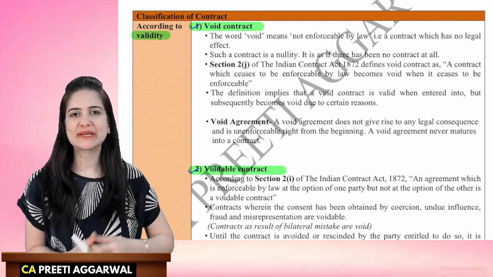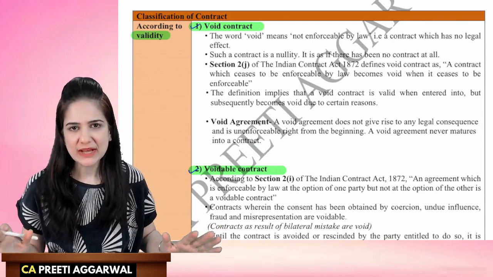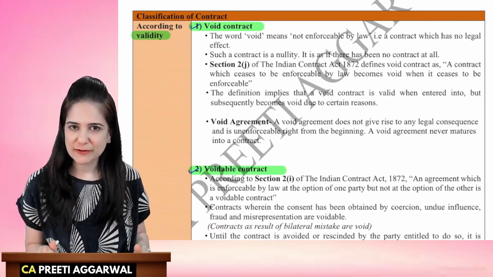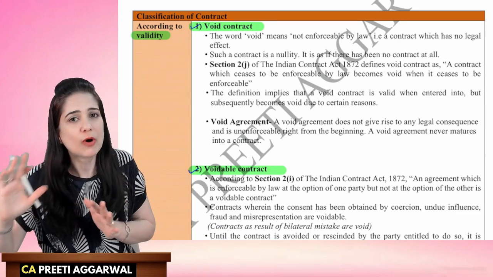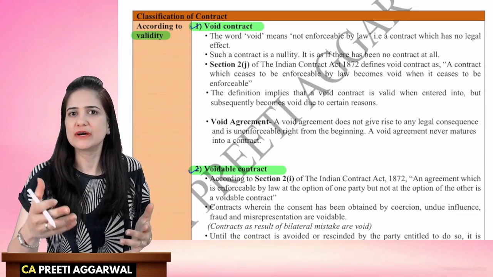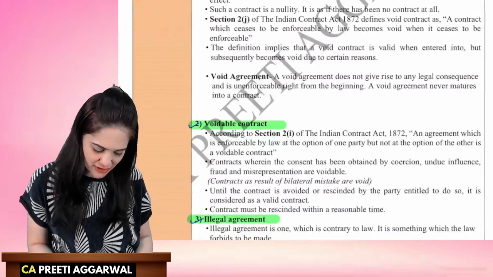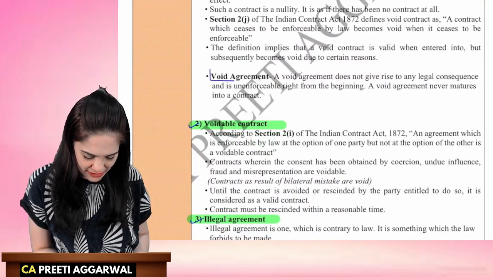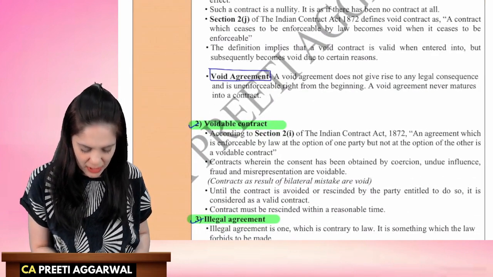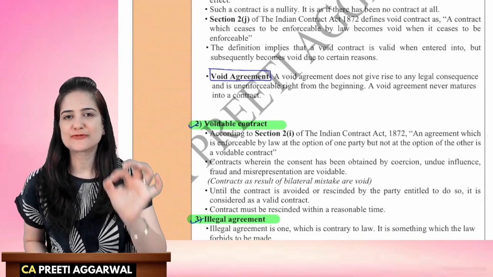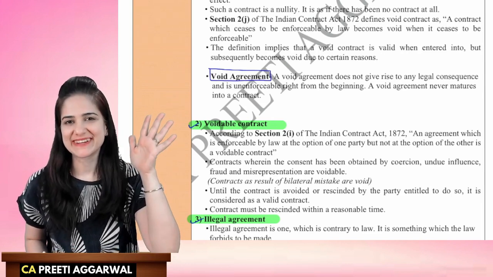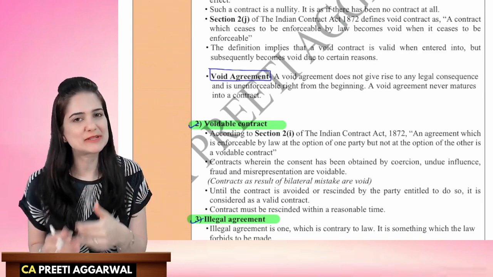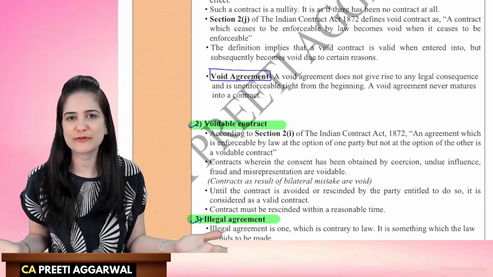Void ab initio means it is void right from the beginning. Can I say if it is void right from the beginning, I will not call it a contract, I will call it a void agreement. So over here, we have also defined void agreement. Void agreement means it is void right from the beginning. It's just an agreement. It doesn't become a contract because there is no enforceability.